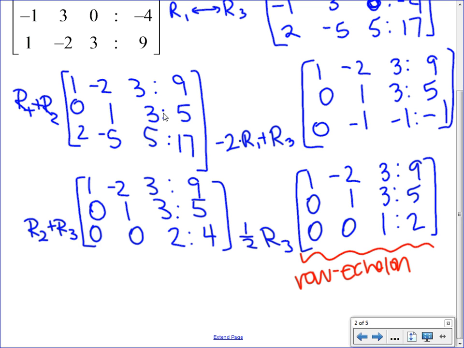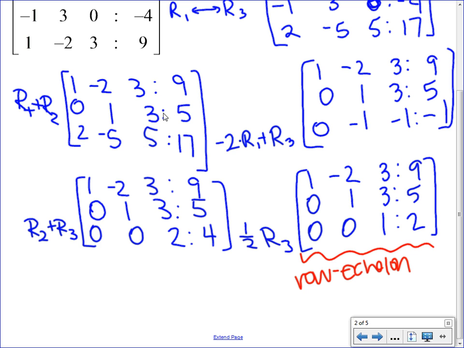Now once we have this in row echelon form, remember an augmented matrix represents a system of equations. What's Z? 2. Then we know y plus 3z is 5. We can find y. We know x minus 2y plus 3z is 9.